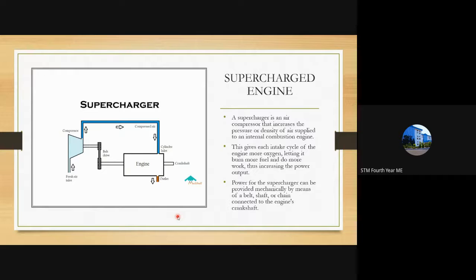So what is the advantage of compressing the air? You have heard about LPG, that is liquid petroleum gas, and CNG, that is compressed natural gas. So what is the need for liquefying the petroleum or compressing the natural gas? It is nothing but that liquefied petroleum gas holds more volume than petrol present in the gaseous state.